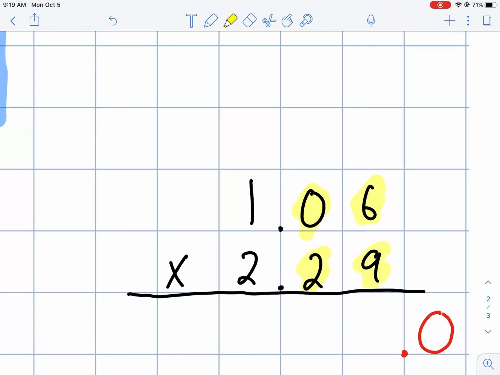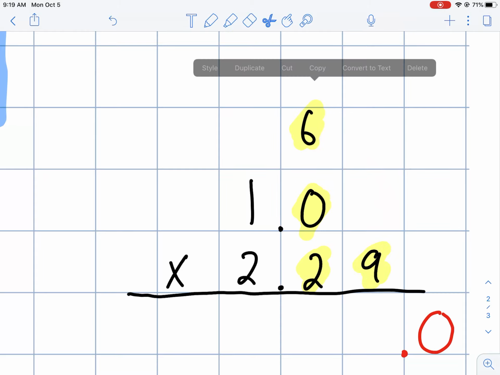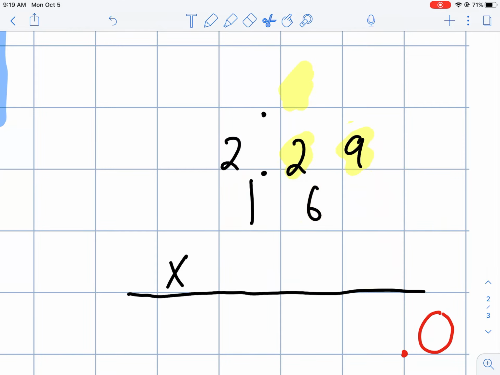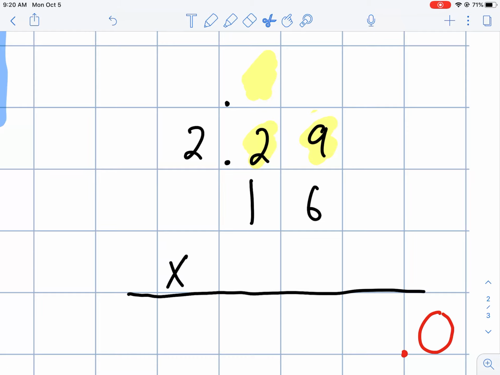Now, if we were to take these 2 numbers and put 1.60, we would not count that because that's the same thing as 1.6. If we had 1.60, we would have set the problem up differently, 2.29 times 1.6.